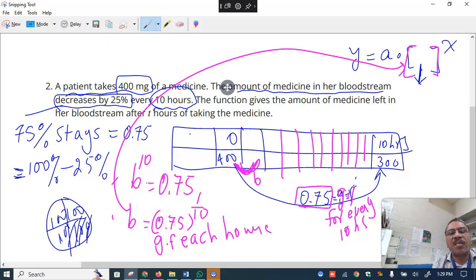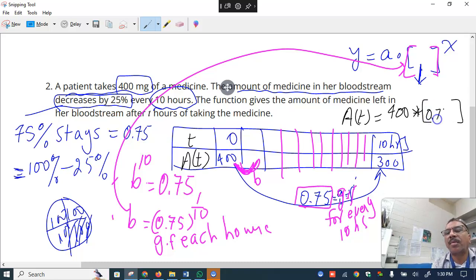Because this is t hours, and this is the amount A of t, I can just make my own letters, saying the amount of medicine in the bloodstream t hours since it was administered. So that piece becomes A of t. A of t is, in the beginning, 400 milligrams of medicine was given, and then the growth factor for each hour is 0.75 raised to 1 over 10, and the whole thing raised to t.